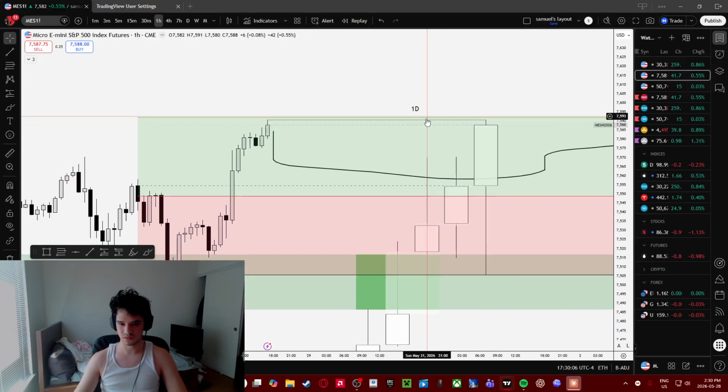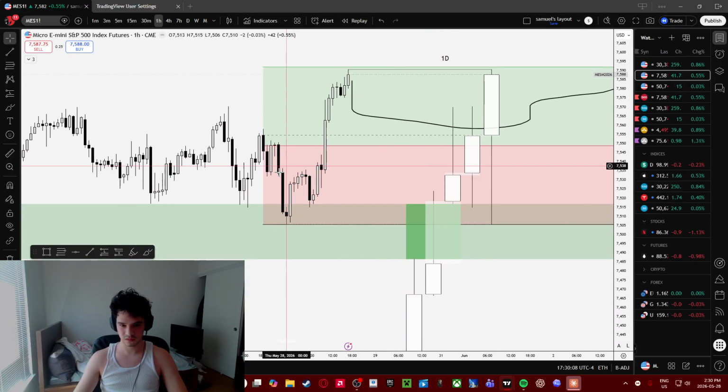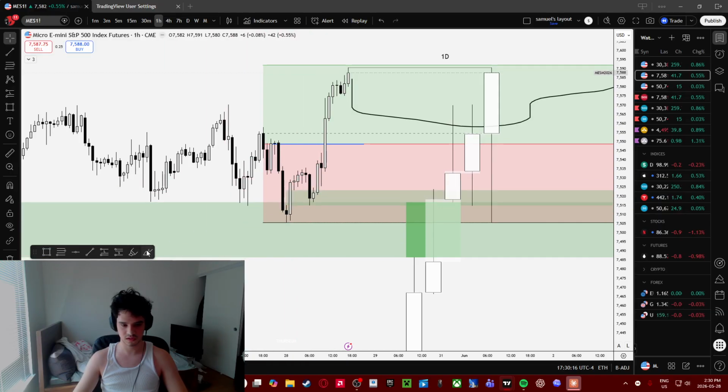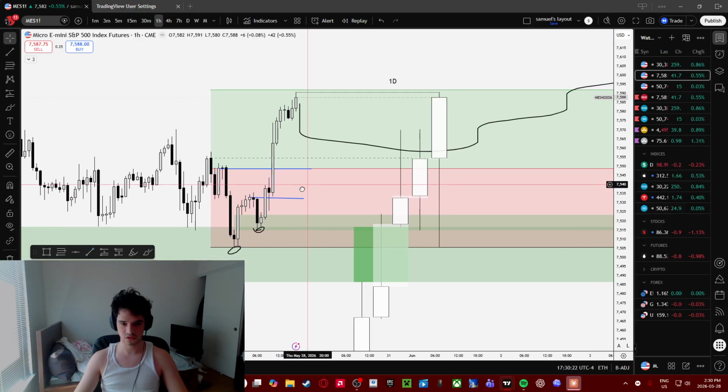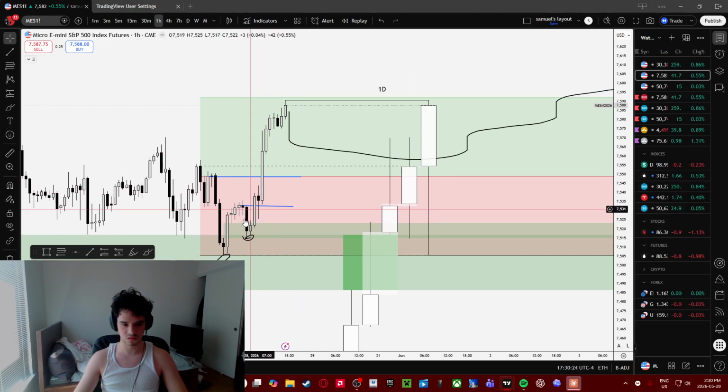Let's see the points of interest that we have right now. We have our CISD. We have a point of interest that we reached into. So this is protected as well. This is protected. This is protected. We have a CISD here as well. So there are no lows that need to be traded into on this aspect of the chart.